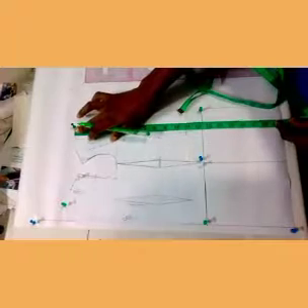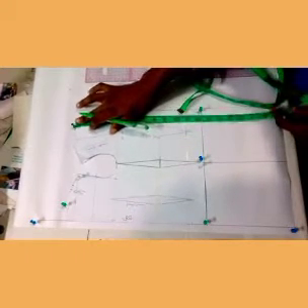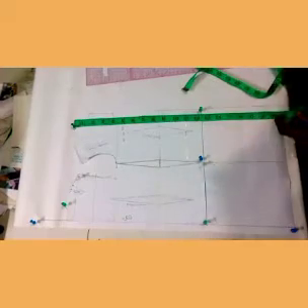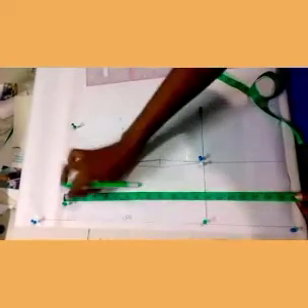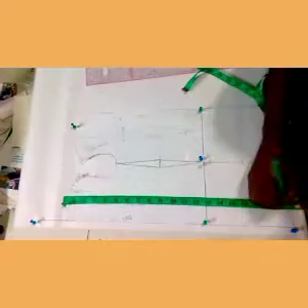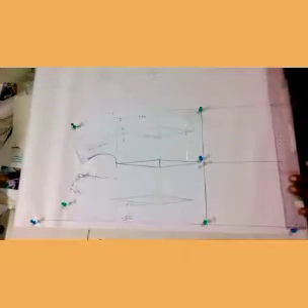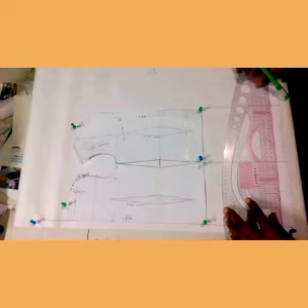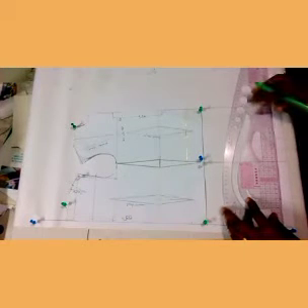For this class, because I'm using a small scale, I will assume this is my dress length, 19, and I'll do the same on the center back, dress length 19. Then I'll connect the lines.